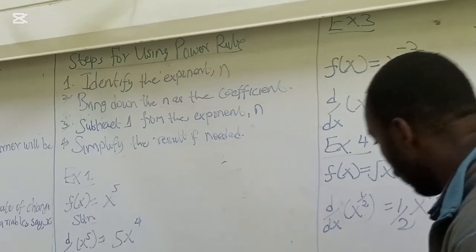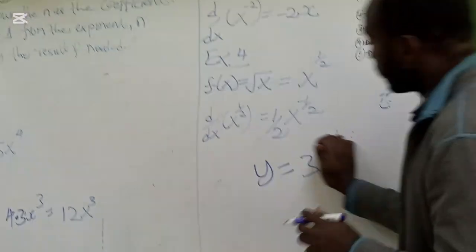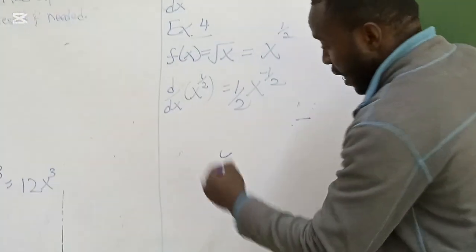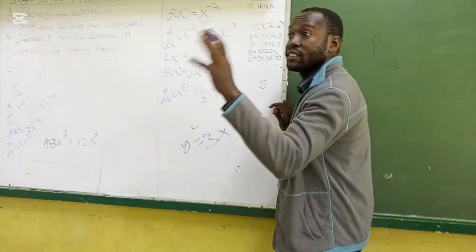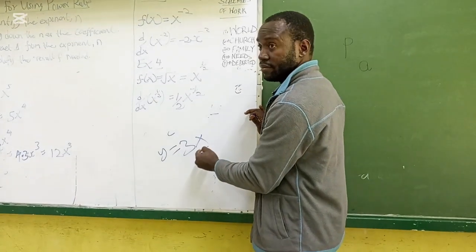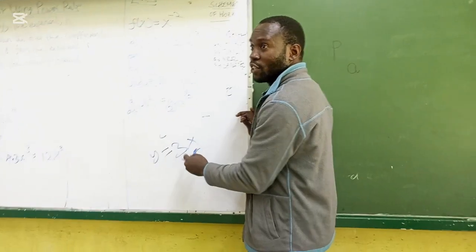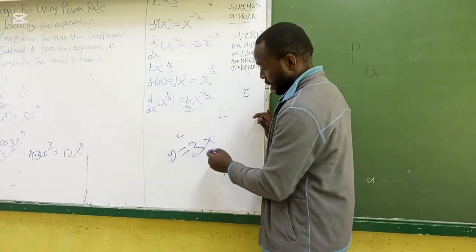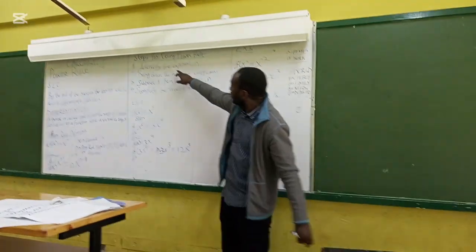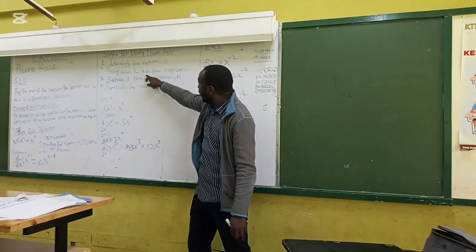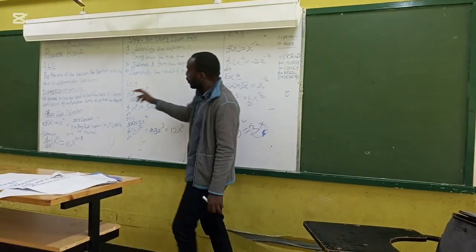Like I said before, what do you mean by coefficient? Let's say given a function y is equal to 3x. Who can tell me what is the coefficient of x here? Coefficient of x? 3. Yeah. So when I say bring down the n as the coefficient, what do we do?